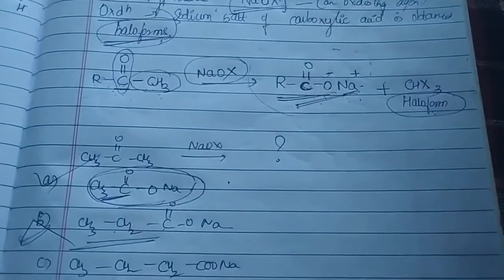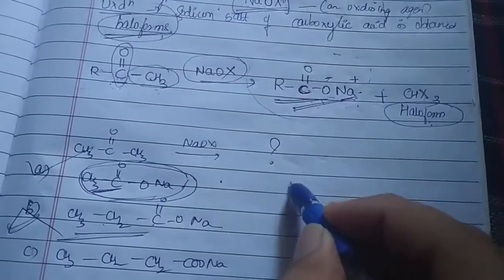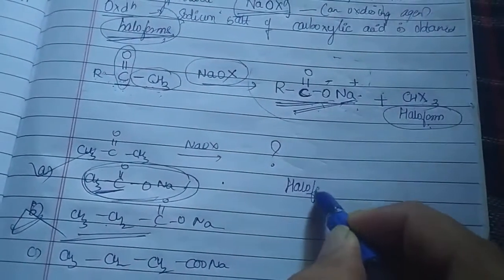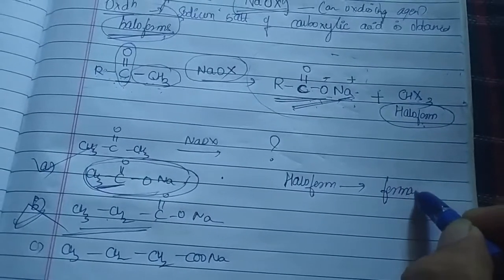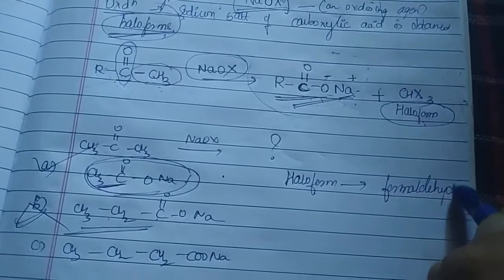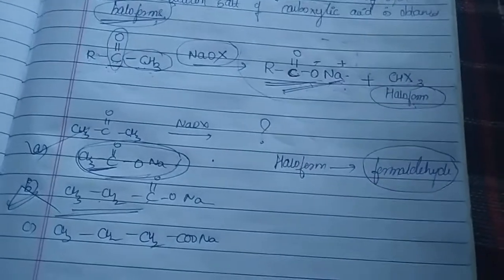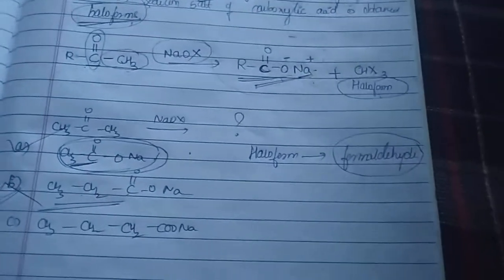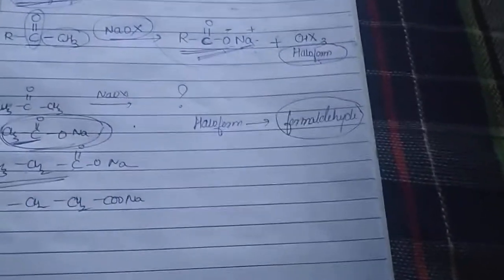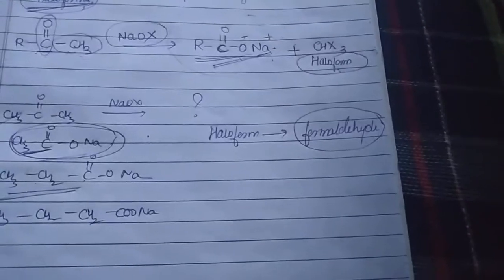And one more important thing I would like to note here. Can the haloform reaction take place with formaldehyde? Can I oxidize my formaldehyde, that is methanal, under this haloform reaction? That is my question. Of course not. Why is it so?